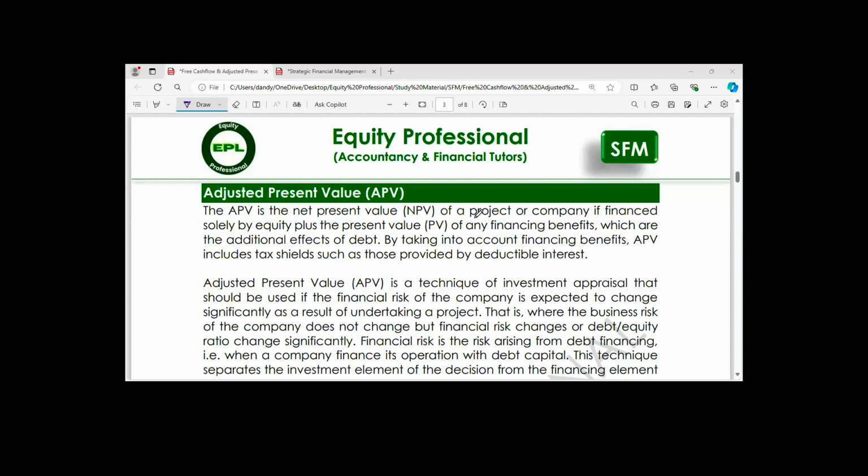Now, APV and the net present value are similar. The same way the examiner will set the question under APV is the same way the examiner will do under the net present value calculation.